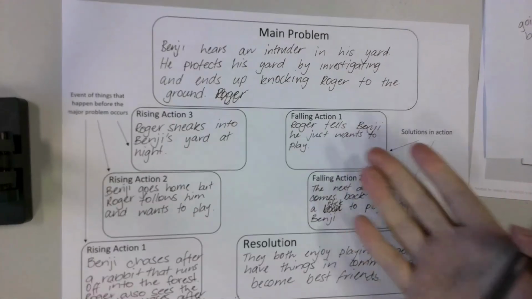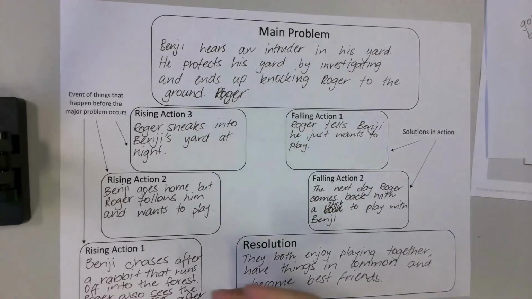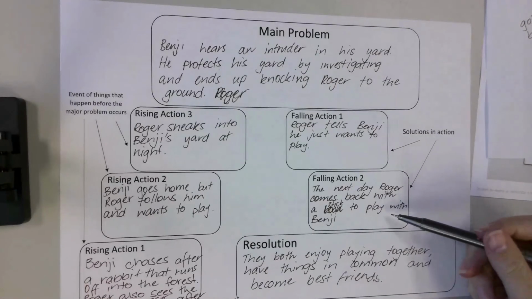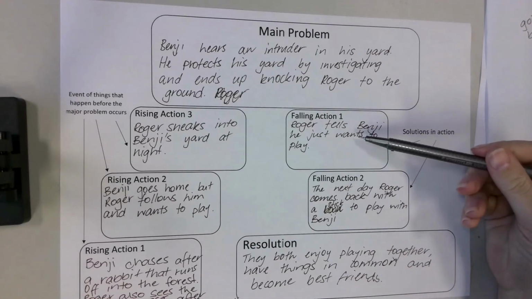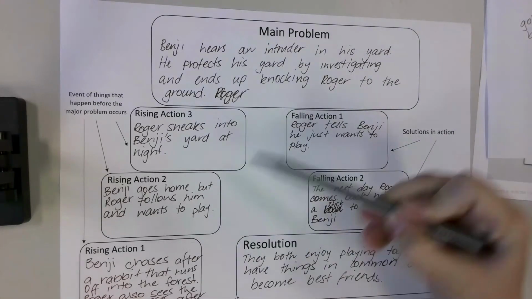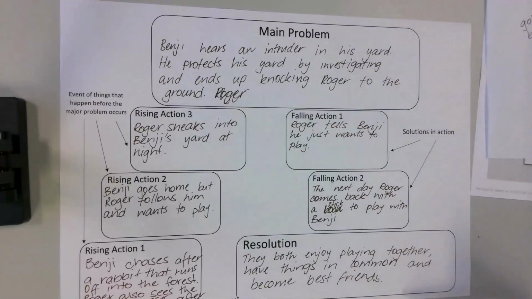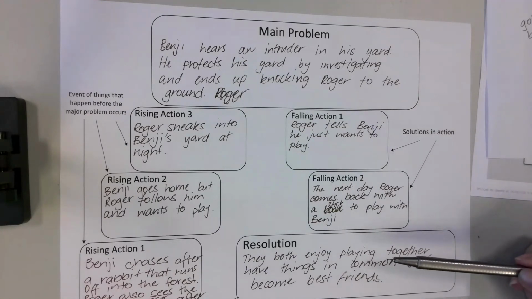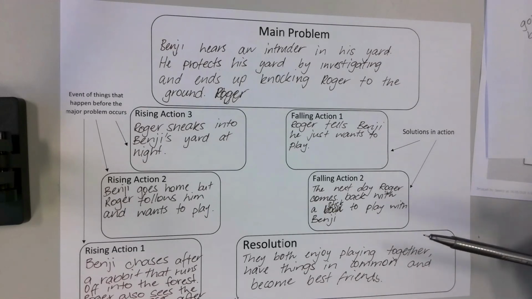You don't know whether Roger goes away and then comes back. I've got that he does come back the next day, but I haven't said what's happened after this bit. So this is just a brief overview of what my basic story outline is going to look like. When it comes to writing, I'll obviously need to have a lot more detail than just what's on this planner, but this will help guide my thoughts when I am doing my writing next week.